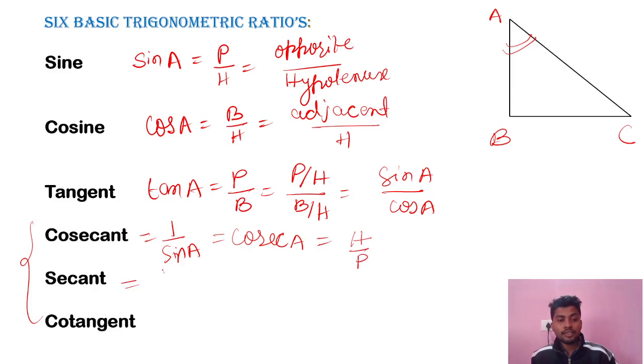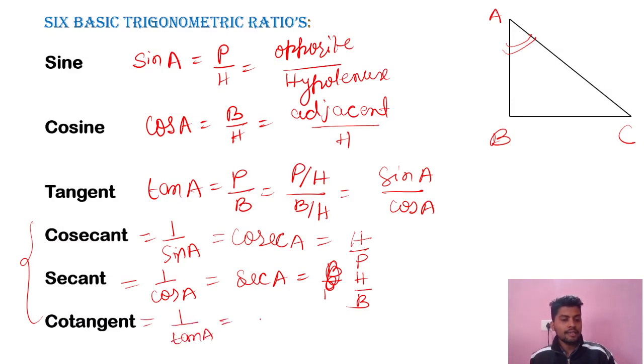Sec A is the reciprocal of cos A, so it is 1 by cos A. Sec A is H upon B, since it is reciprocal. Now, next is cot A. Cot A is 1 by tan A, the reciprocal of tan A, and cot A is B upon P. So these are the 6 basic trigonometric ratios.